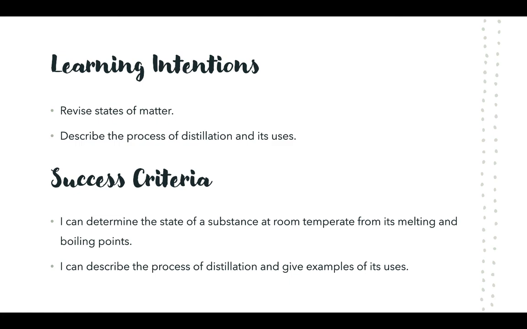It separates liquid mixtures based on the boiling points, and we can use it to separate oil, which is one of our fossil fuels, and also to produce alcohol. Hopefully, you should be able to determine the state of a substance at room temperature, 25 degrees, based on its melting and boiling points, and describe the process of distillation, giving examples of its uses.